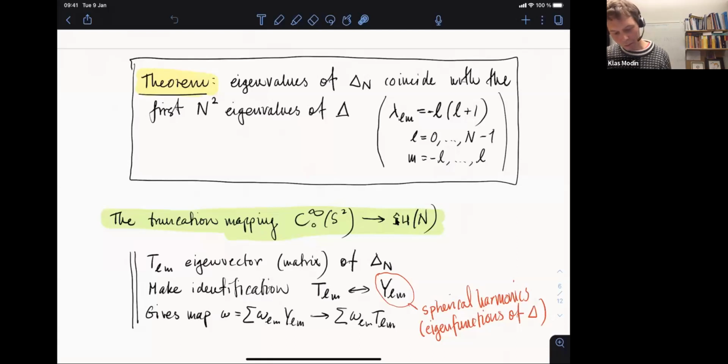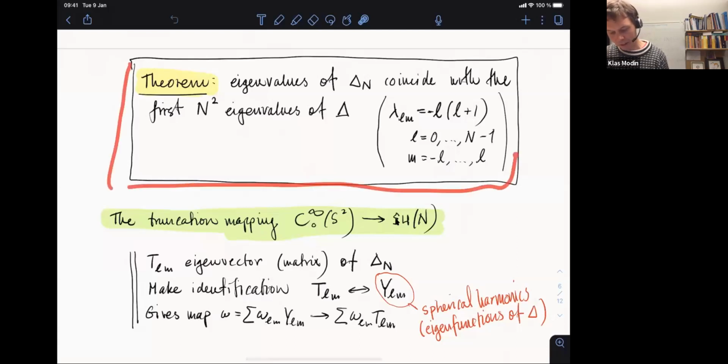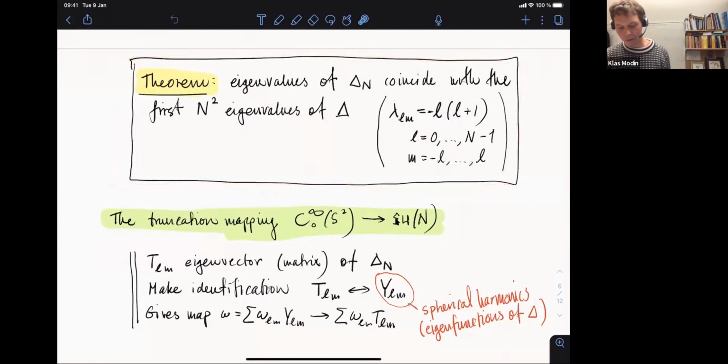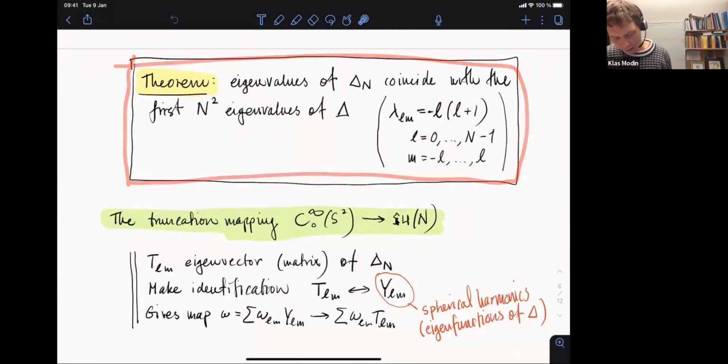For me, it was not obvious. Maybe there is a nice geometric way of understanding this. I'm sure people in Kähler geometry who study quantization theory from geometric quantization, where you start with a complex line bundle and so on, probably have a good understanding for why this is the case. But anyway, this is a result.